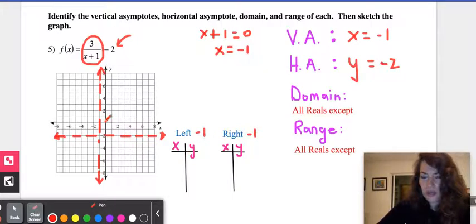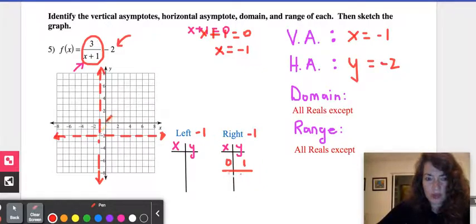So if we look at right of -1, we have the value 0, and we can also plug in 1. So we're just going to plug in 0 into this fraction. So 0 plus 1 is just 1, and 3 over 1 is 3, and 3 minus 2 is 1. Y is 1. So we can go ahead and put that point. When x is 0, y is 1. So that is actually a y-intercept.